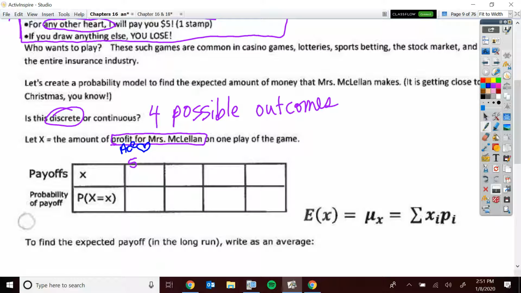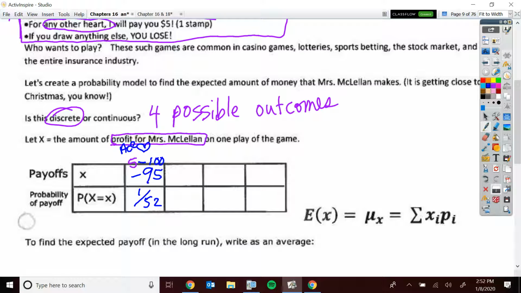So that's me losing $100, but I'm actually not out $100. I'm out $95. How frequently is that going to happen? Yeah, 1 out of every 52 times on average.